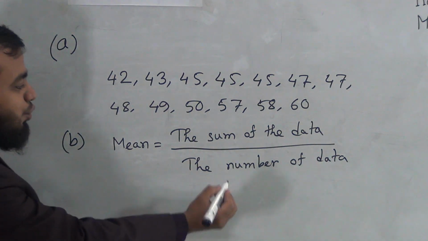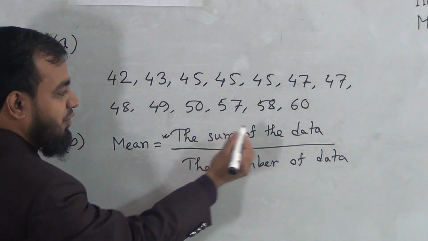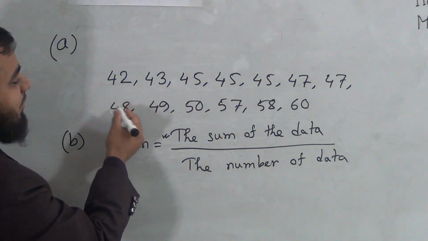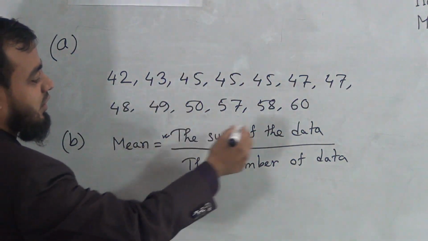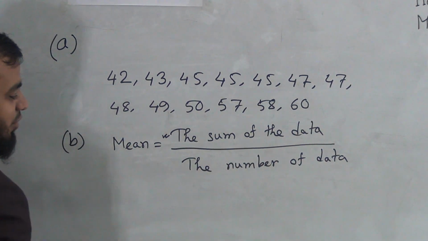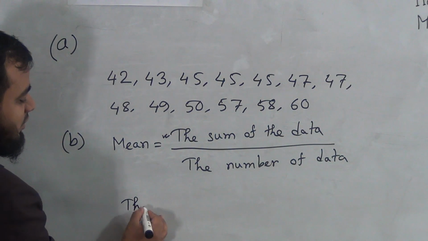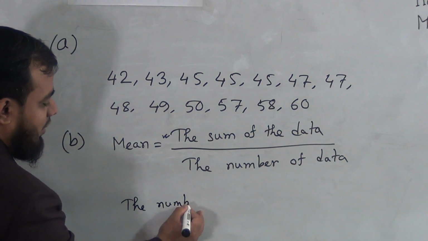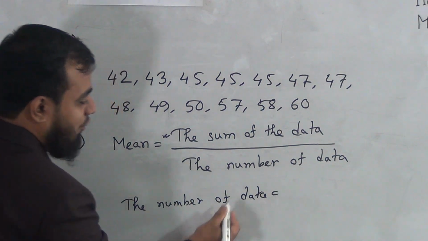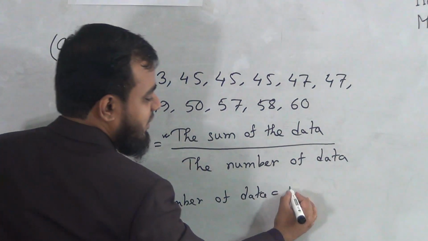So we have to calculate the sum of the data and the number of the data. The number of the data is how much? Count these: there are 13 data. That means 13 numbers are given. So the number of data, the number of numbers, is 13.